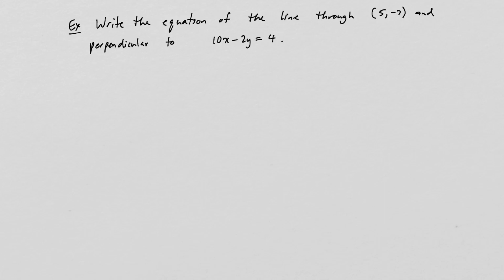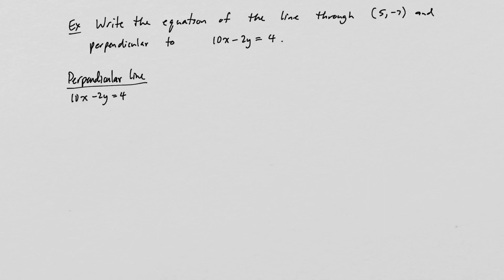So I'm going to organize this over here by writing the perpendicular line is this line. 10x minus 2y is equal to 4. Now, the way we find the slope of a line is by solving for y. So let's go ahead and solve for y here.